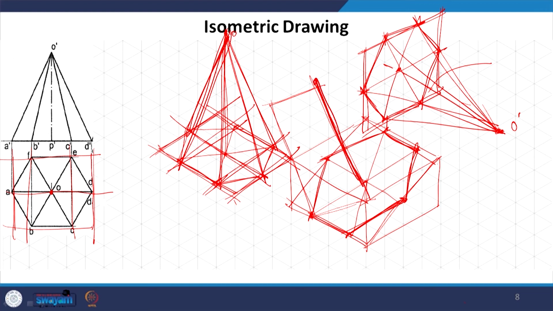And once we have determined the axis, we just connect all of these, and from this apex we will get the pyramid. So, this is slightly tilted, this is inclined, but how do we arrive at this is by drawing this rectangle.